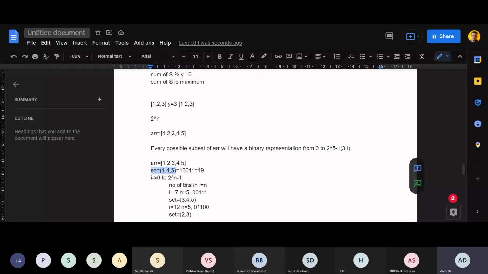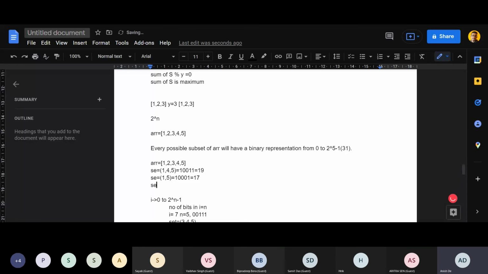For every possible set there will be a binary representation from 0 to 2 to the power 5. For example, for the set 1 and 5, the binary representation will be 1 0 0 0 1. This is 17, I guess. So this lies between 0 to 31.